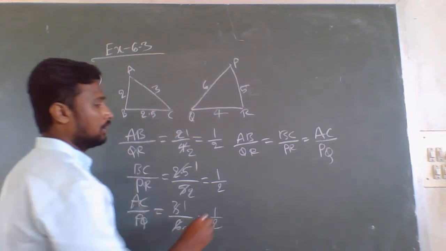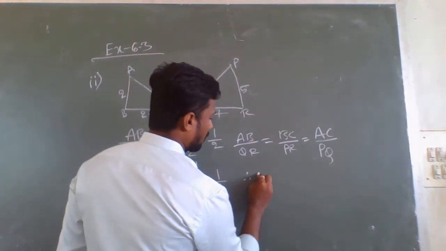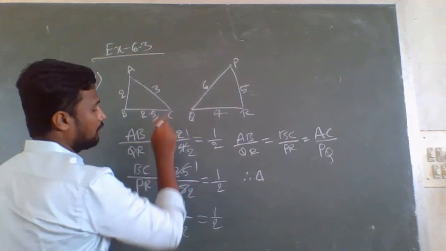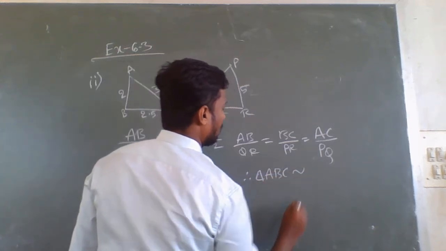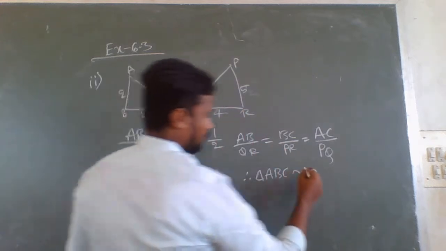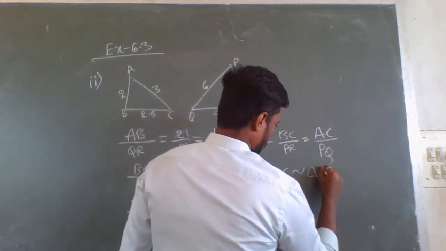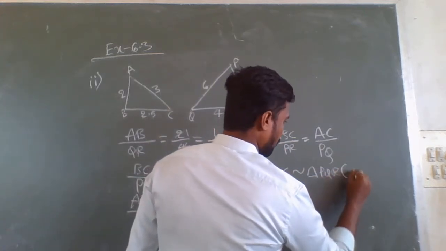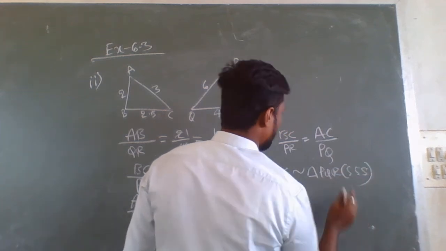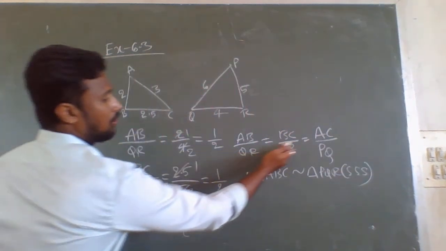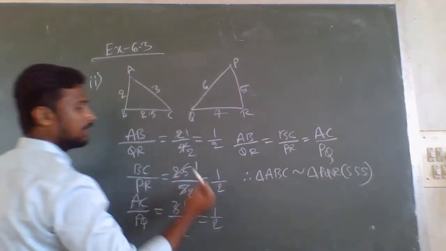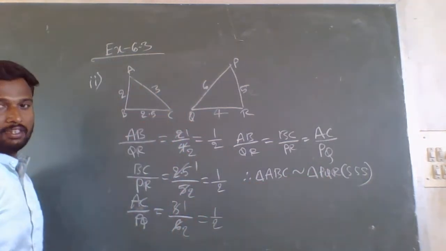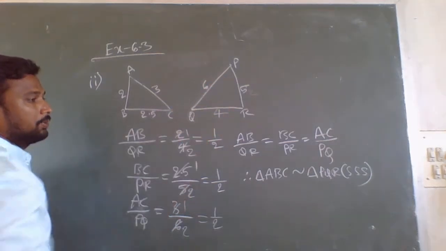So here we can write, therefore, triangle ABC is similar to triangle PQR by SSS. Here, all the sides are proportional. Therefore, by SSS, we can say that triangle ABC is similar to triangle PQR.